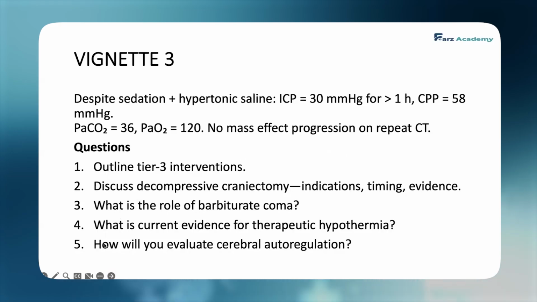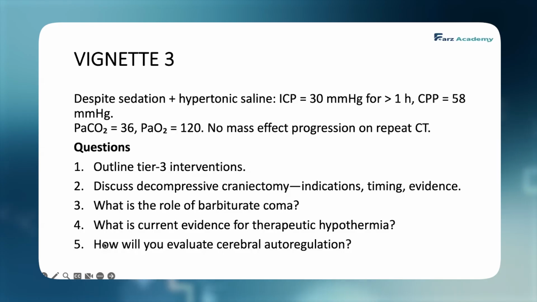Sir, tier 1 is head end of the bed elevation, giving adequate analgesia and sedation, maintaining PCO2 between 35 to 38 millimeters of mercury, avoiding fever. And tier 2 is starting the hyperosmolar therapy to maintain serum osmolality above 290 milliosmoles per liter, or hypertonic saline to maintain serum sodium above 150.